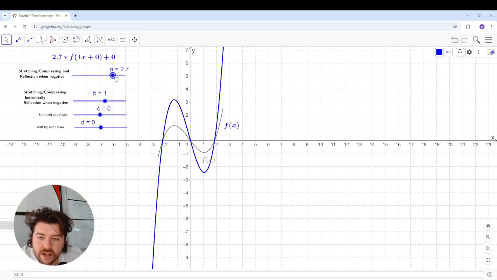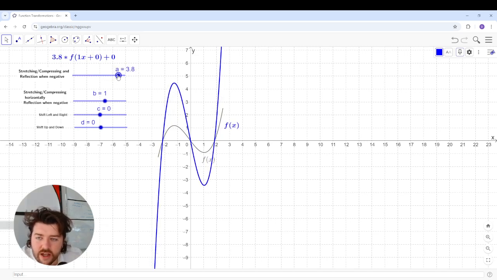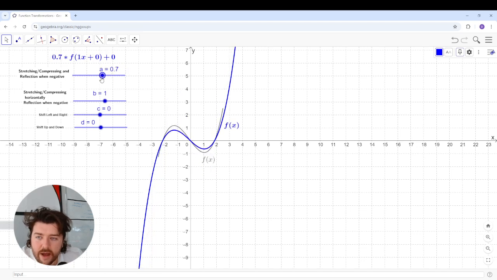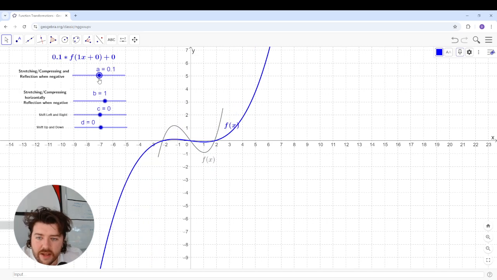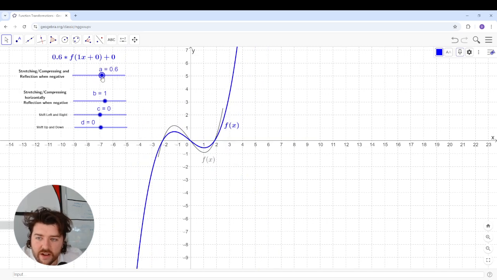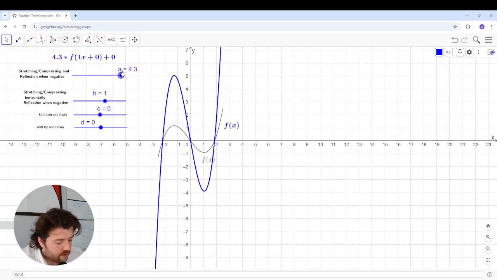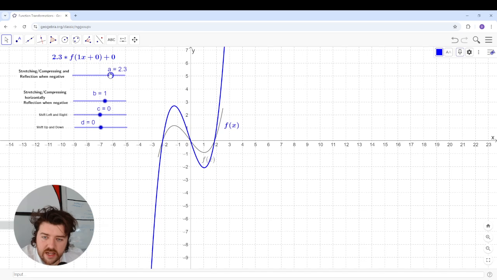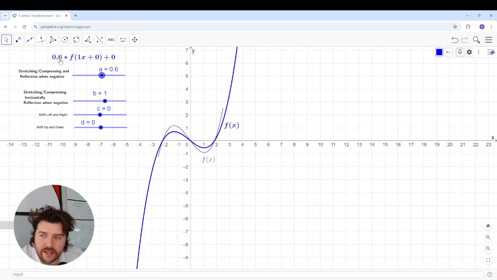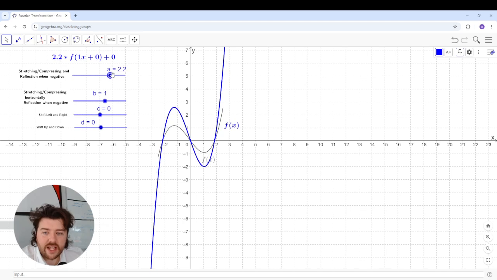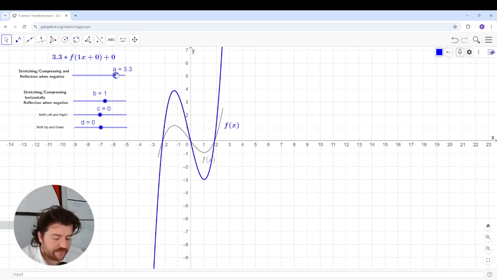Then if I multiply it by a fraction, it compresses it and makes it flatter. But notice how the roots do stay the same. Sorry, I meant to say, if you multiply it by a fraction, it compresses it. If you multiply it by a factor, it stretches it.